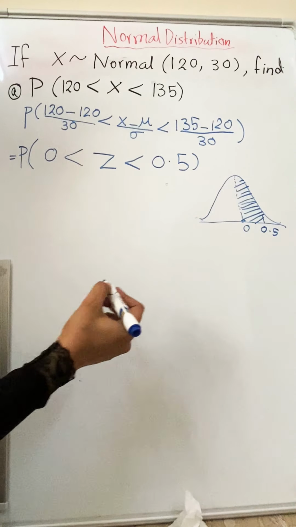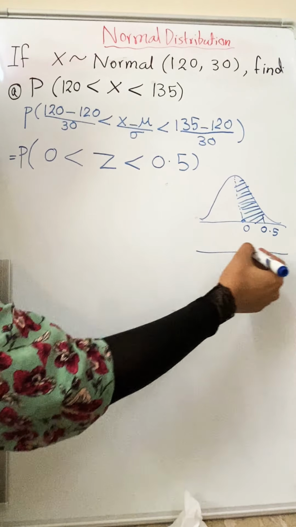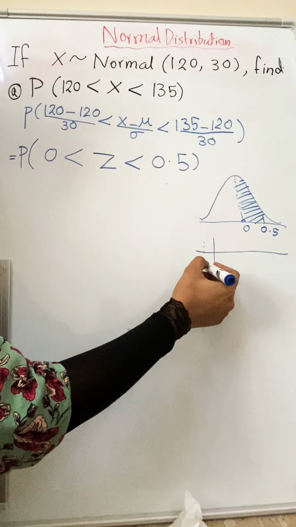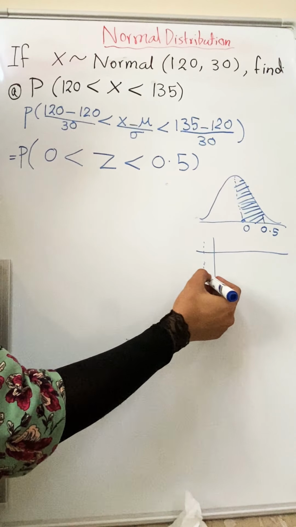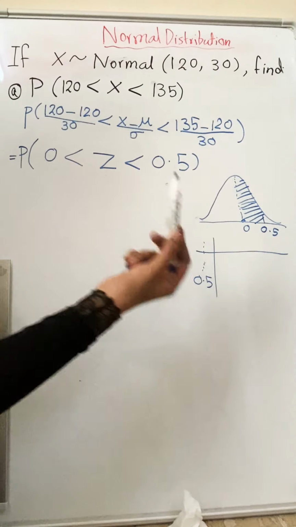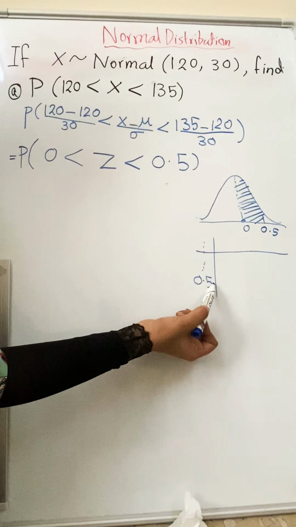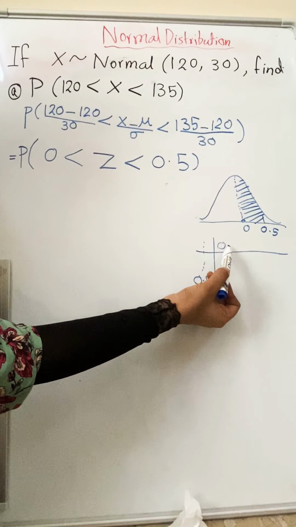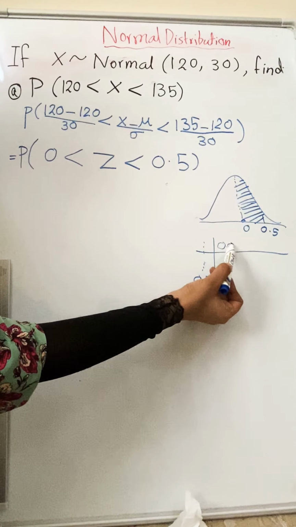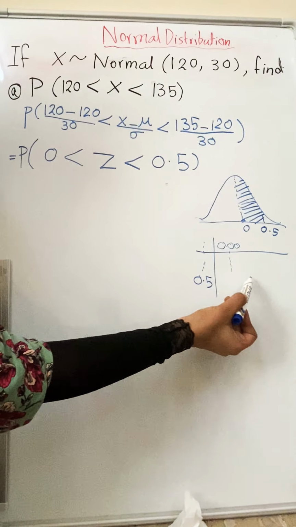If you go back to your standard normal table, you will see that here you have 0.5. What is the next digit here? It's not mentioned, so it means the next digit is 0, so you will take the first column, 0.00. So what is that answer?